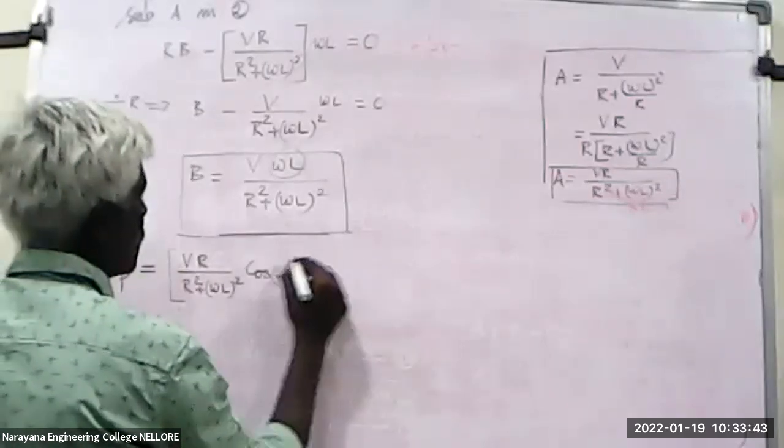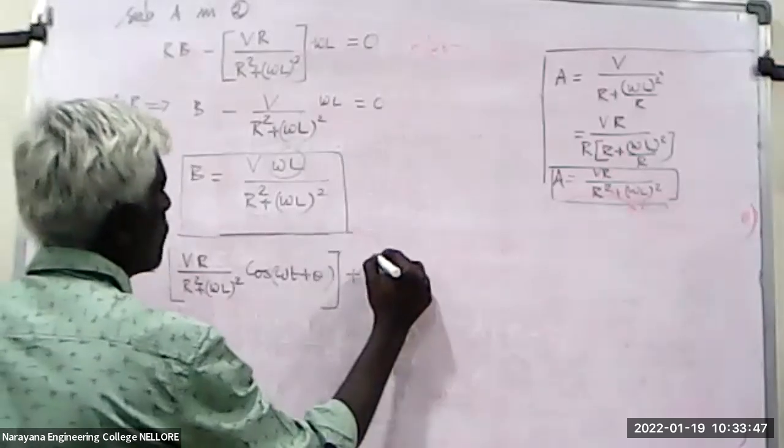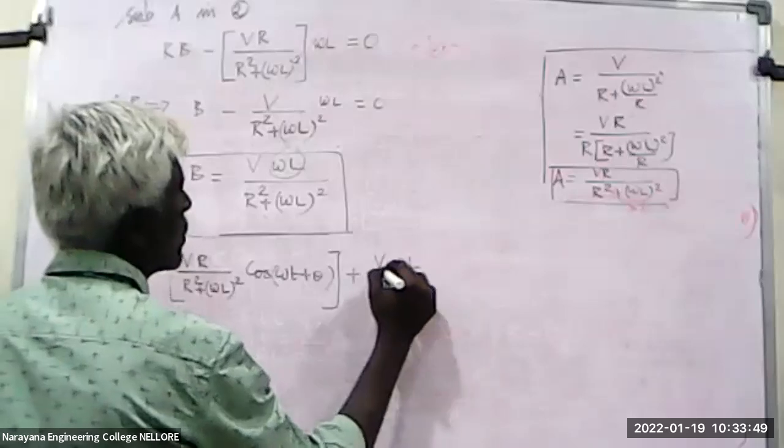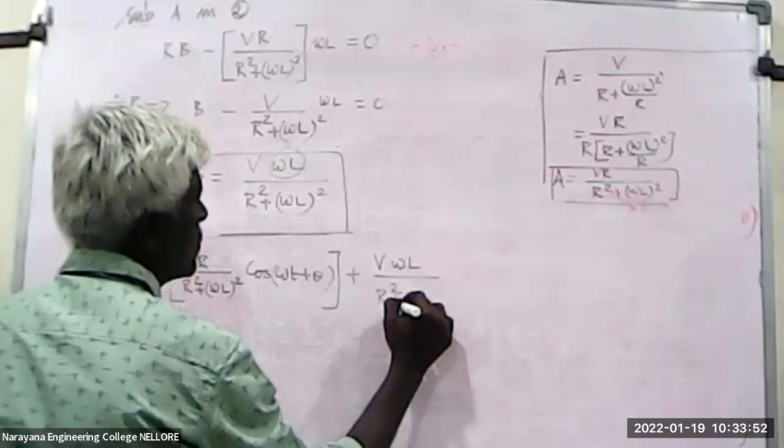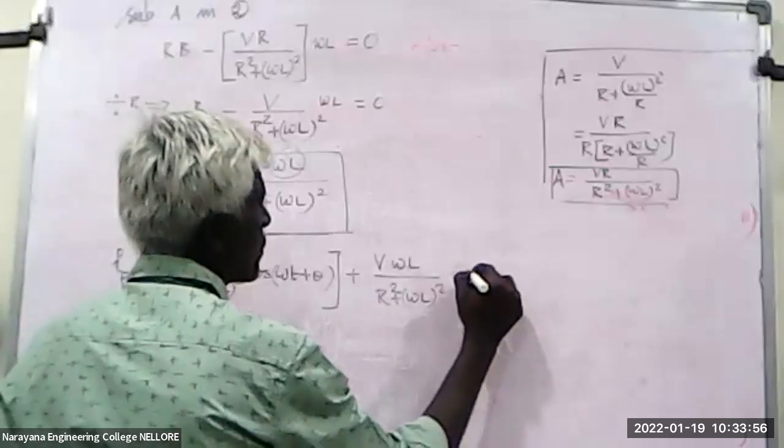This is the first part. Then the B part is V omega L divided by R square plus omega L the whole square, sin omega t plus theta.